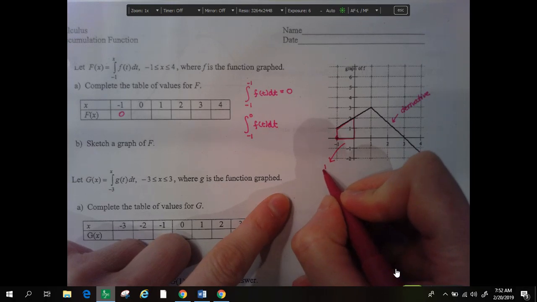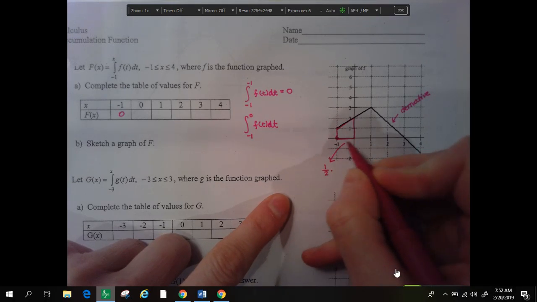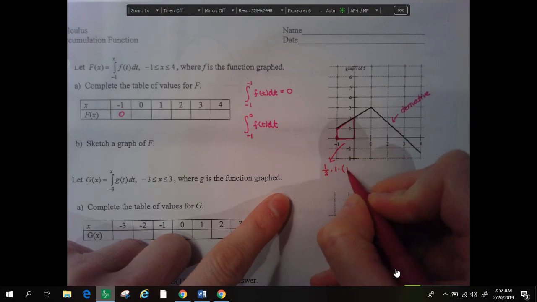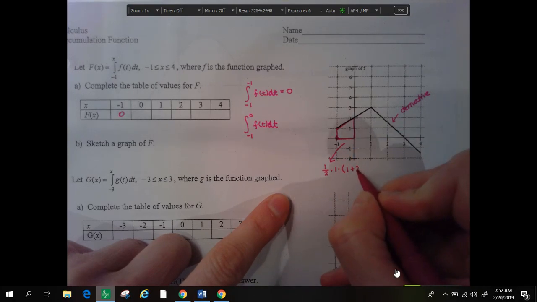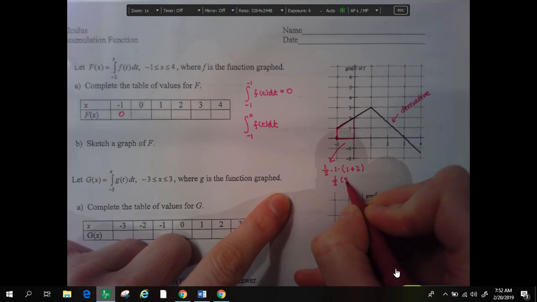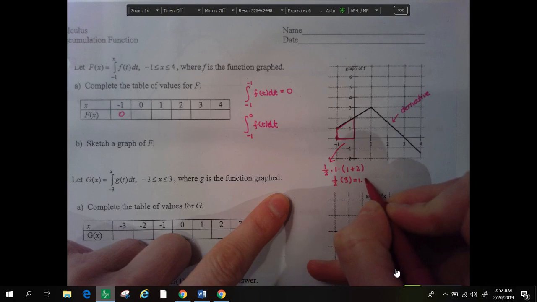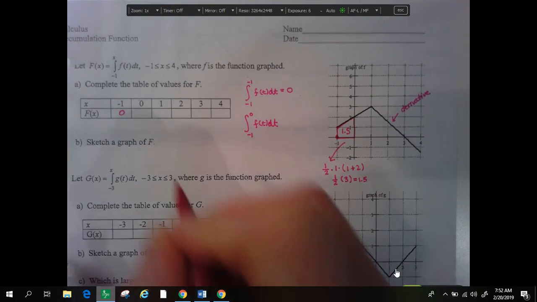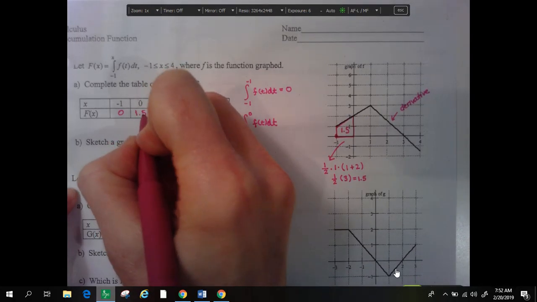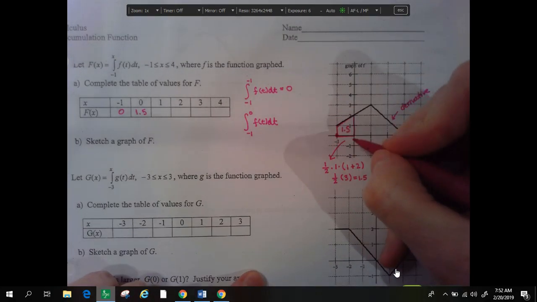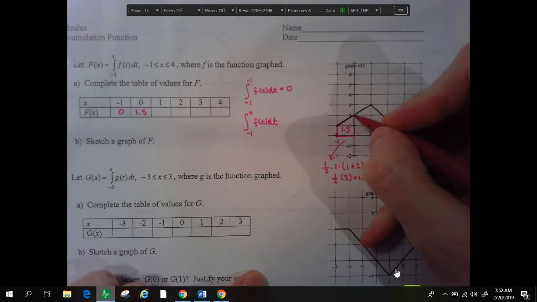Area of a trapezoid is 1/2 the height, which is 1, times base 1 plus base 2. So we've got 1/2 of 3. The area of that region is 1.5. And that also means when x is equal to 0, my original function, y, is 1.5. So at 0, we're at 1.5. I'm going to plot that point.